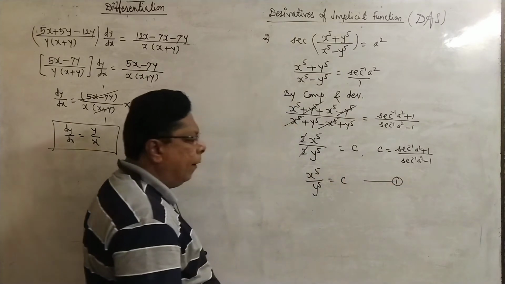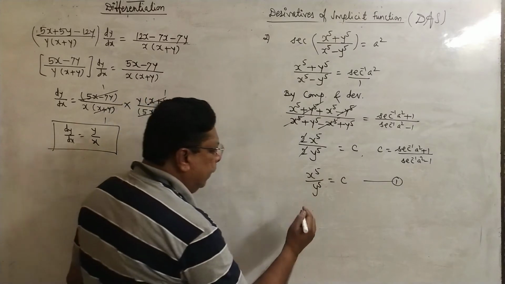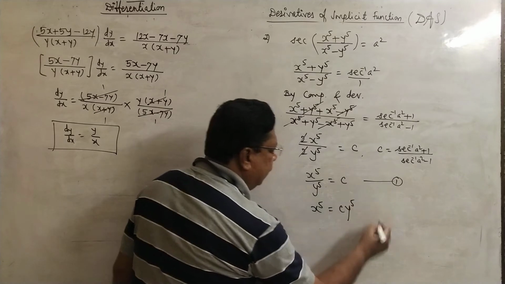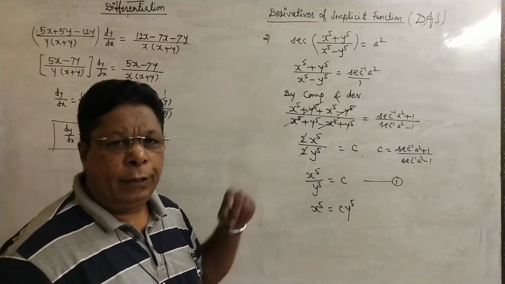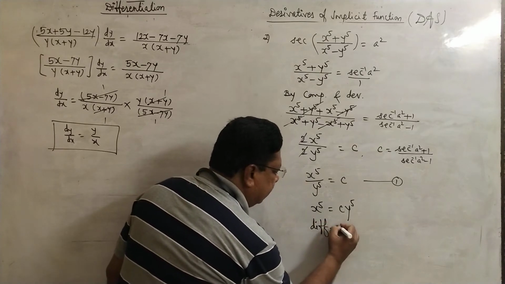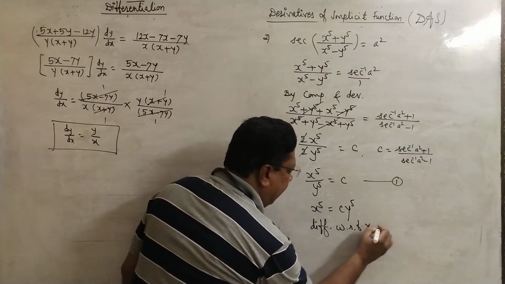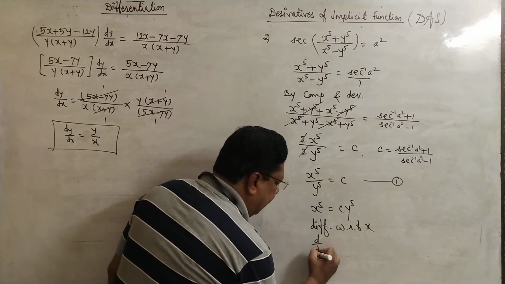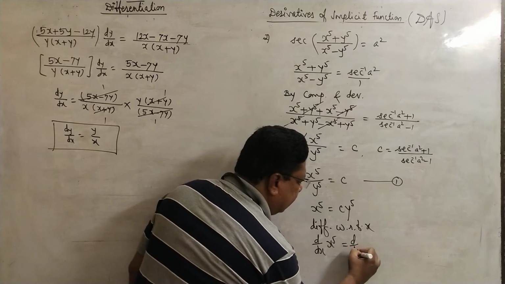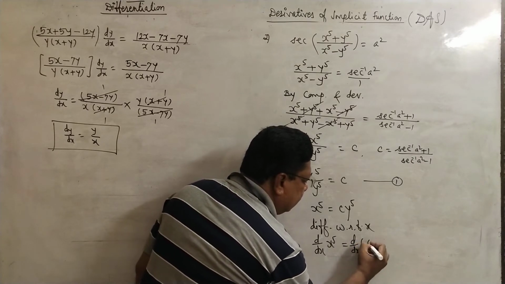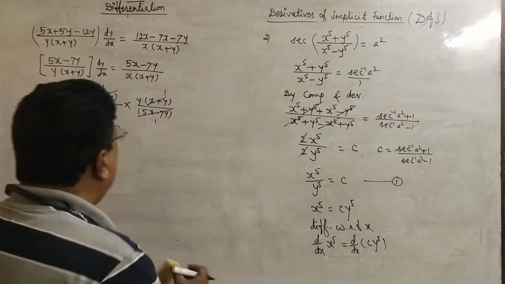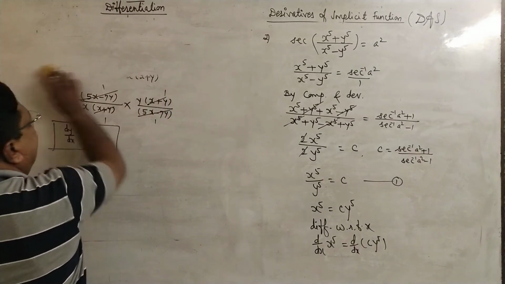Denote this equation 1. Take cross multiplication. X raised to 5 equal to c into y raised to 5. And now differentiate this equation with respect to x. d by dx of x raised to 5 is equal to d by dx of c y raised to 5. Now what is the derivative of x raised to 5?